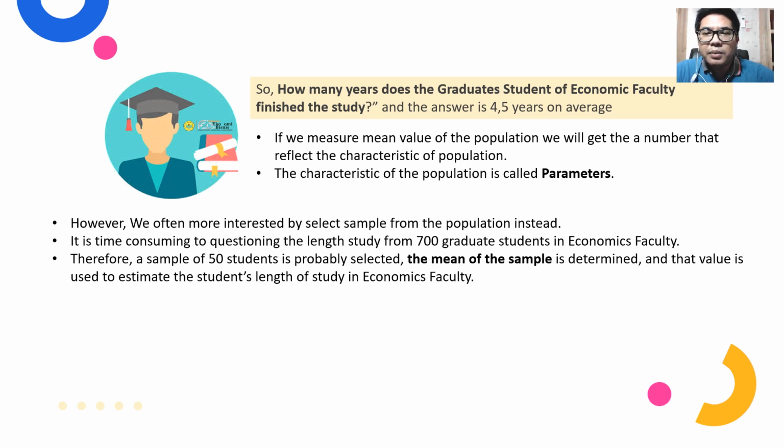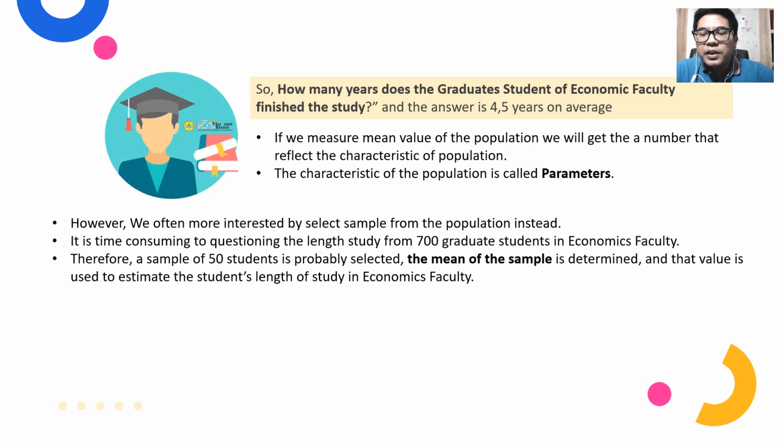It would be time consuming and need a lot of energy and resources to ask the length of study one by one. For example, there are 700 graduate students of economics. Therefore, a sample is preferable when we measure the population.